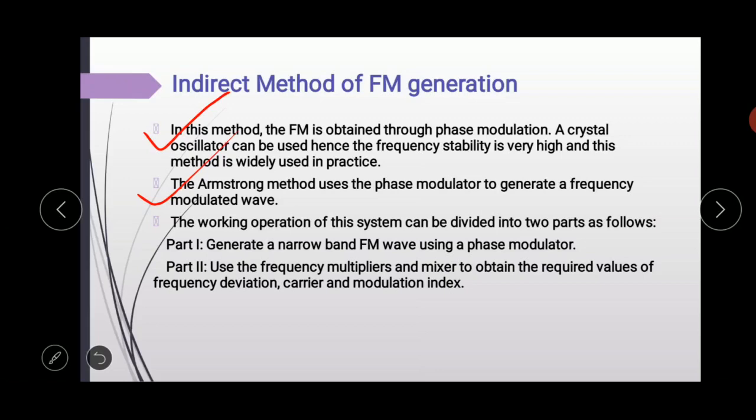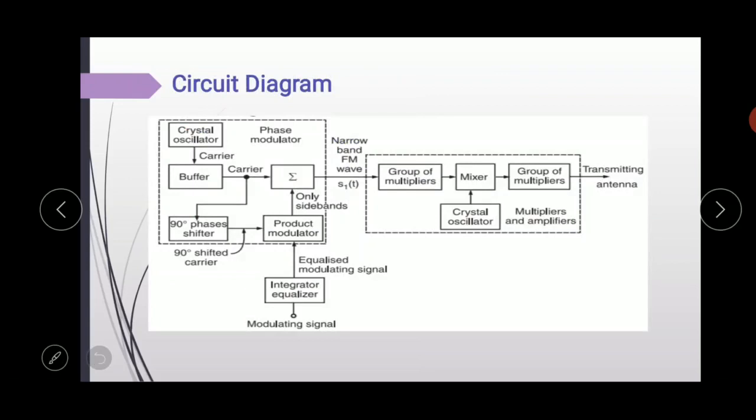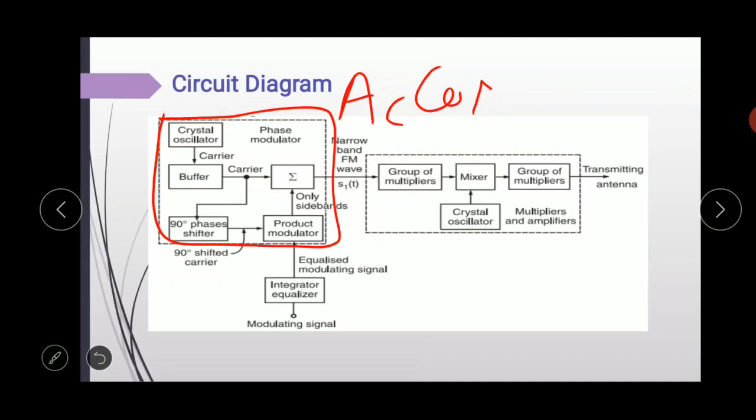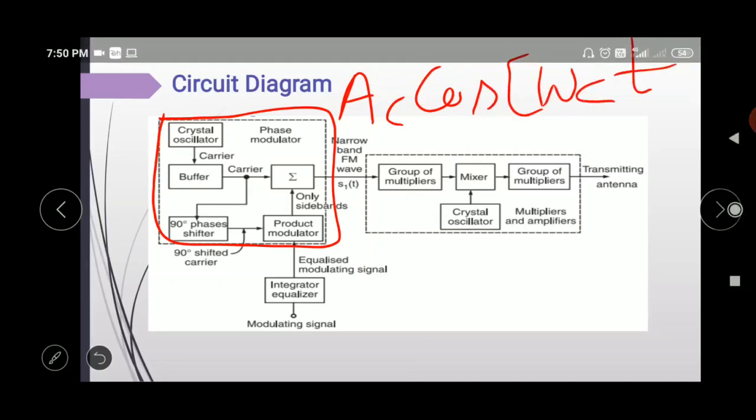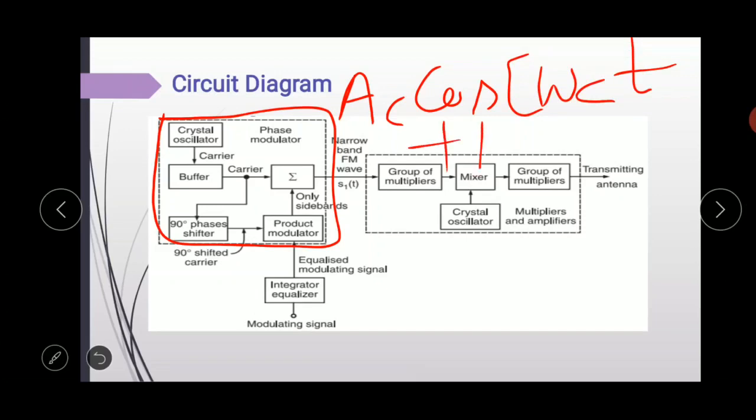Let's go to the diagram first. So this dotted area is the phase modulator. And a phase modulator always generates a waveform having equation Ac cos(omega c t plus Kf m(t)).